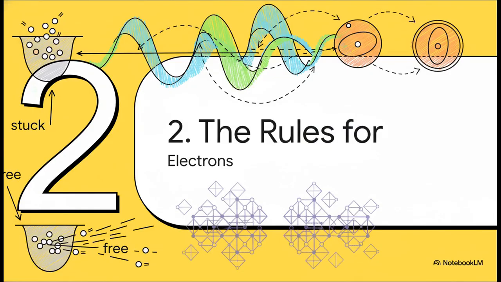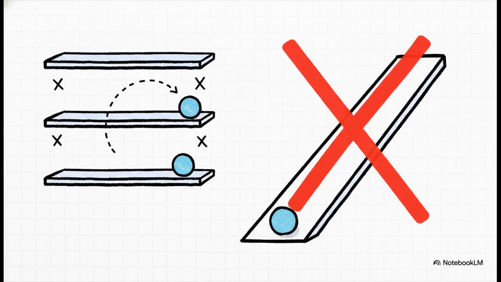So it turns out whether an electron is stuck at home or free to roam isn't just random. Oh no, it's governed by a very strict set of rules, and they come straight out of the wonderfully weird world of quantum physics. Unlike a ball that can roll at any speed you want, an electron inside that crystal lattice is, well, picky. It can only exist at very specific energy levels.